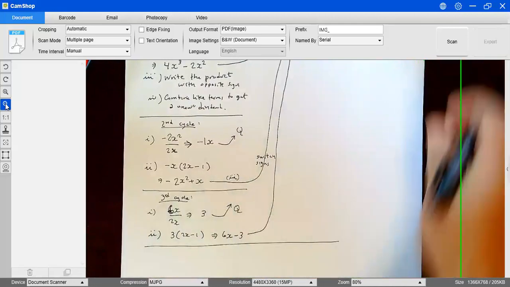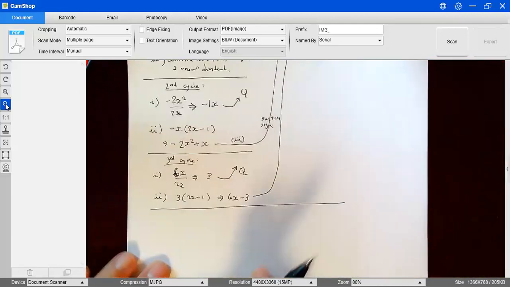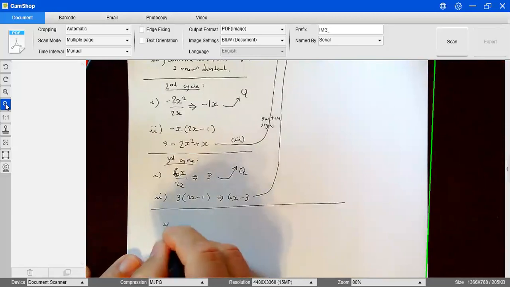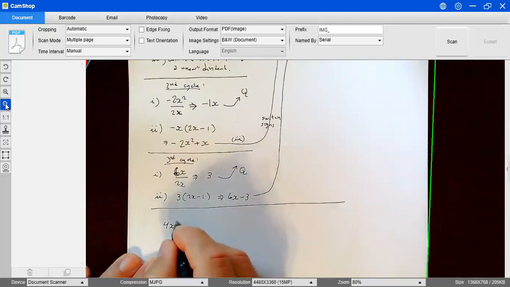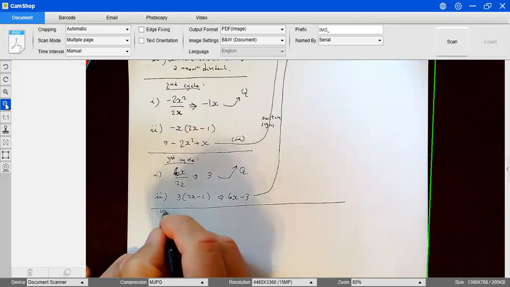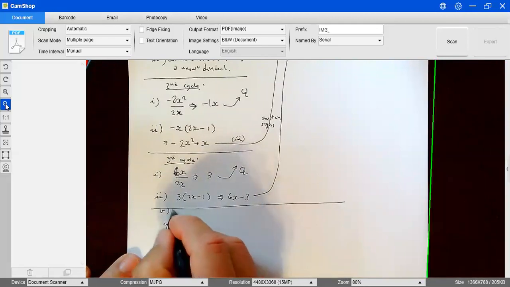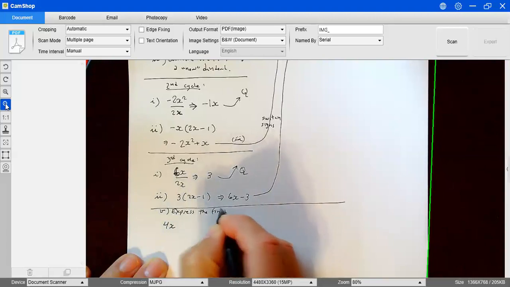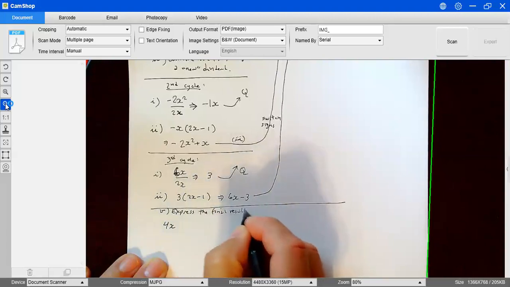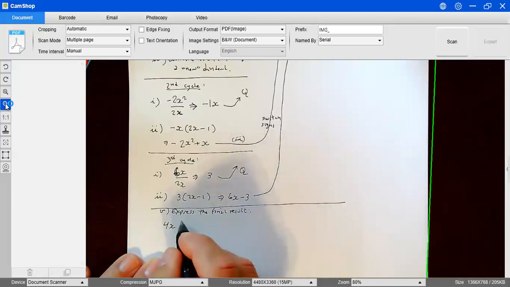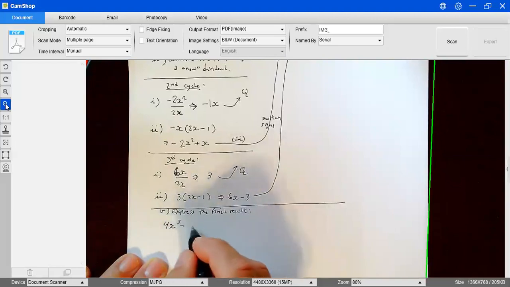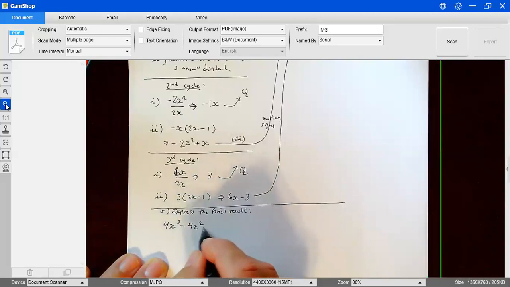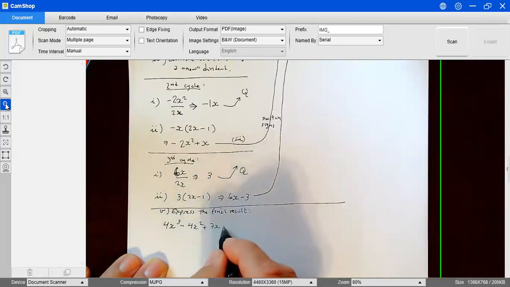to understand a little bit about the terminology of division. So we started with this polynomial, and we're going to express the final result. We have 4x cubed minus 4x squared plus 7x minus 9.